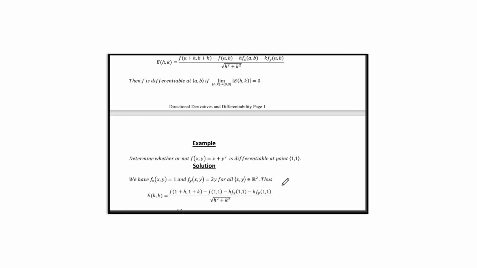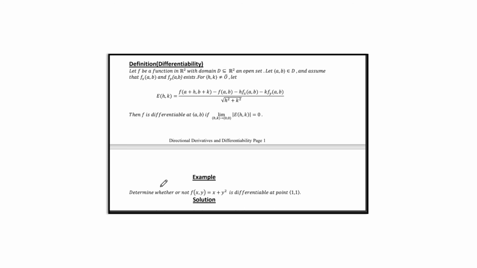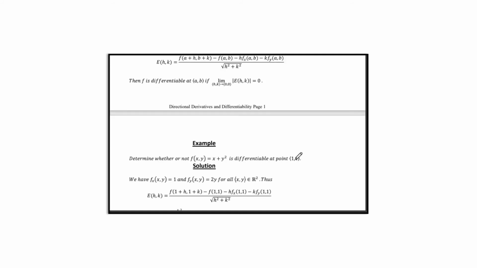So now you find your E of h, k, right? You're just applying this formula. Remember your (a, b) is that point. In this case, that point is (1, 1).